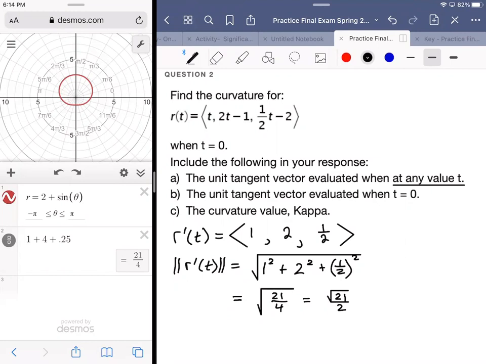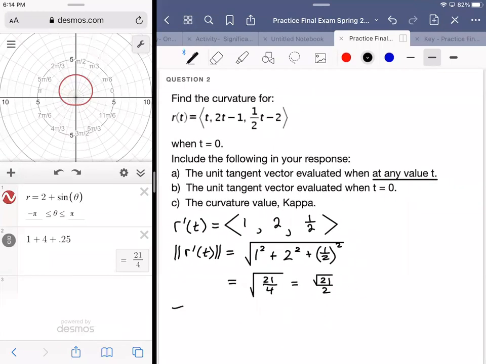Now I need the unit tangent vector, T of t, which is going to be each of these entries divided by the magnitude.